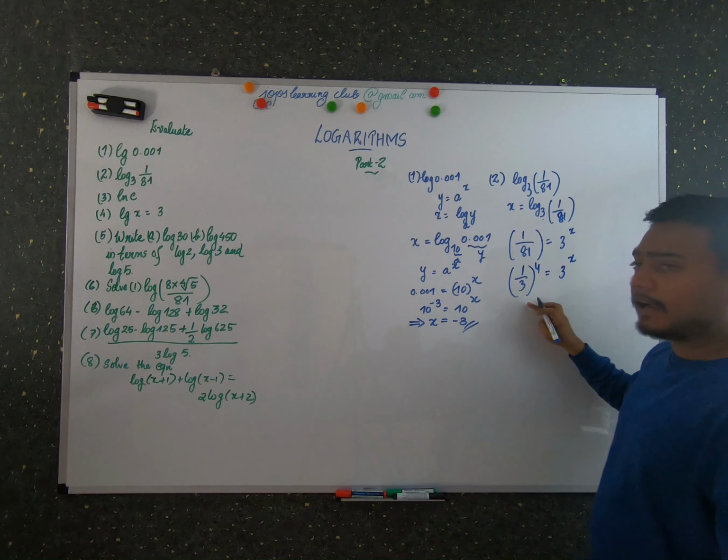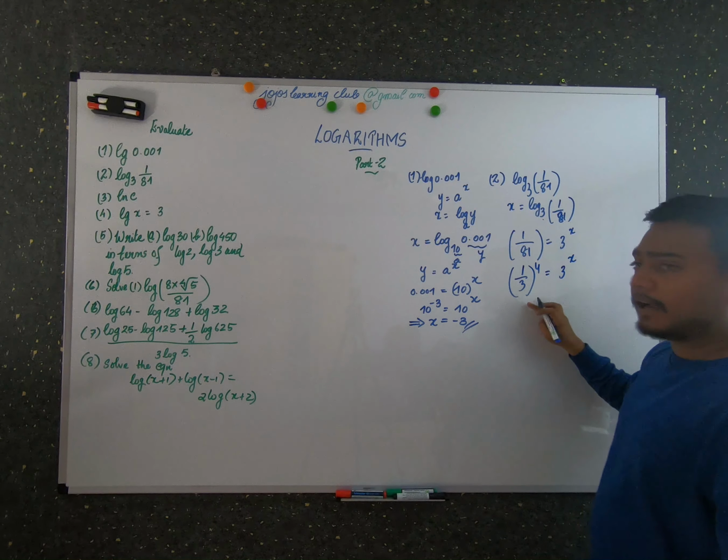So e is equal to e raised to x. When e is raised to 1, it is only e, right? So the value of x is 1. This is how you find the third problem. I hope it's very much clear. If you have any doubts, please feel free to reach out to my Gmail ID or you can comment under my video. I'll always be there to help you out.